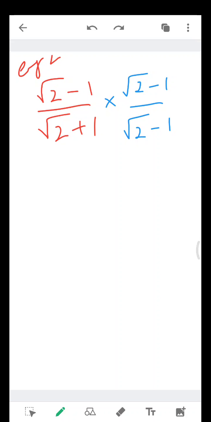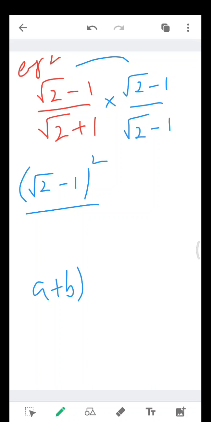Now the second step is you should multiply the numerators. In the numerators, the signs are the same, you can see. So this becomes root 2 minus 1 whole square, and in the denominator the signs are different. So always I apply the a plus b into a minus b formula in the denominator. What is a plus b into a minus b? That is a square minus b square.